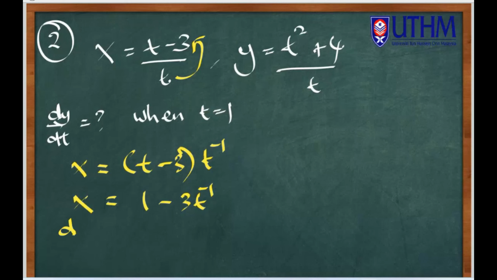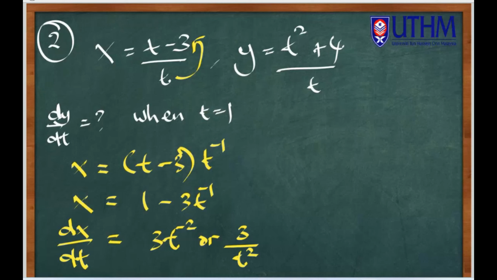When we differentiate this, dx/dt we will get 3t power of negative 2, or we just simply write 3 over t squared.